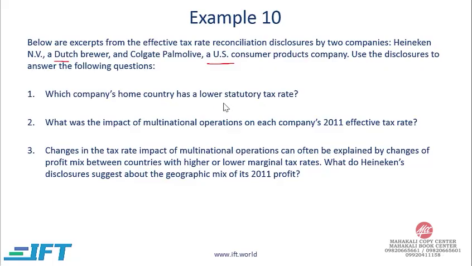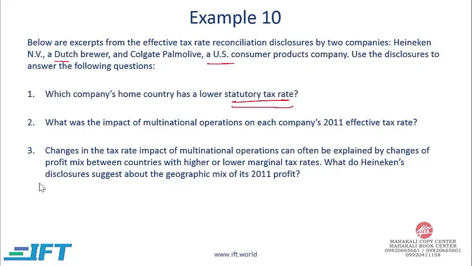And for each company, we are asked about the statutory tax rate. This is the legal tax rate in the home country. We are asked about the impact of multinational operations. And then we are asked about changes in the tax rate and the impact of multinational operations.